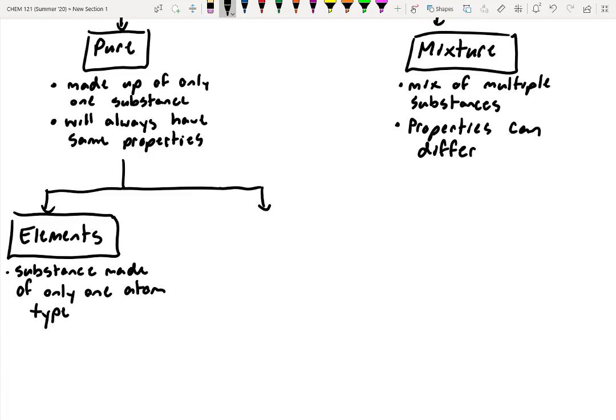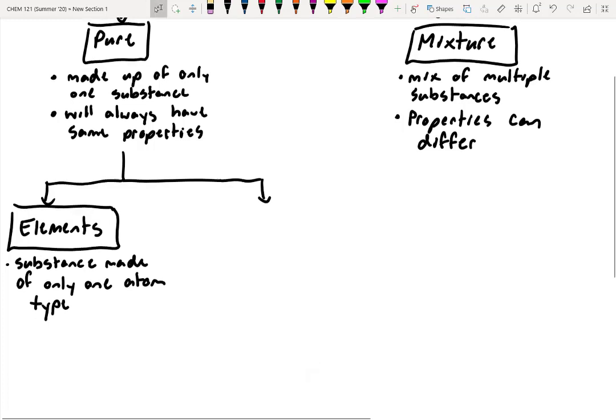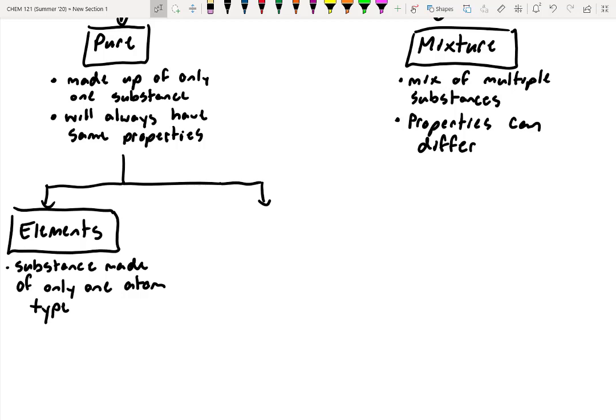So let's think about some examples of elements that we could have. So I used the example of oxygen, right? And oxygen, we said, is O2, but it's only made up of the element oxygen. Even though there are two of them, it's made up of only one atom, in this case being oxygen.